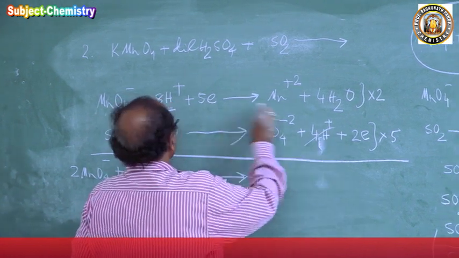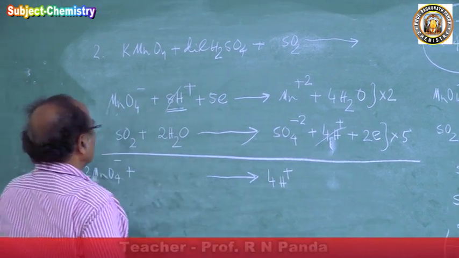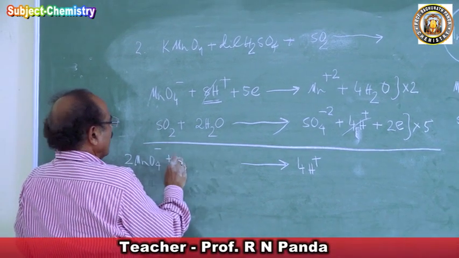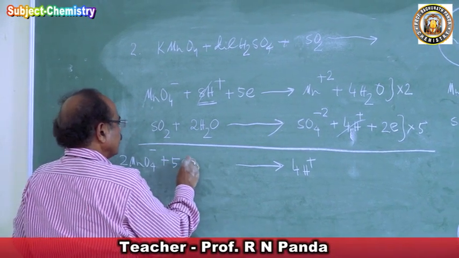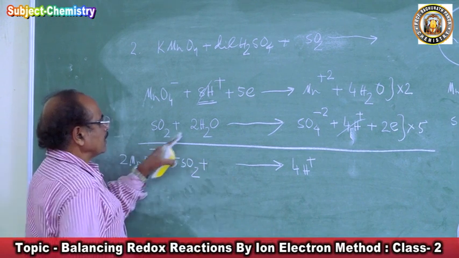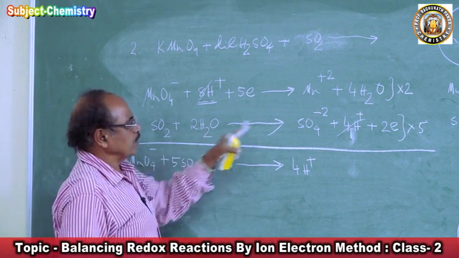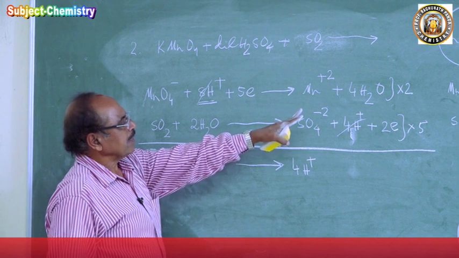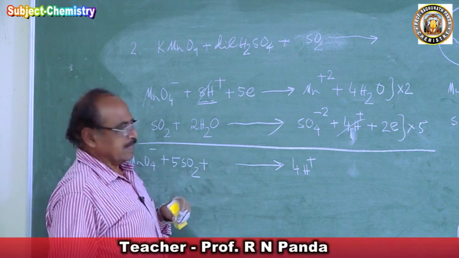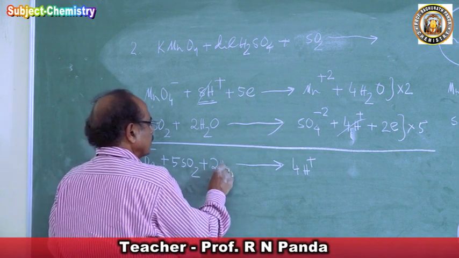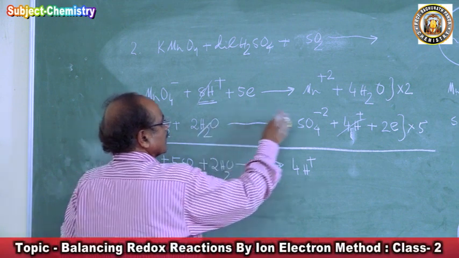So H plus is cancelled. Then comes SO2. So we have 5 SO2. And water, the left side will have 5 into 2, 10, and there 4 into 2, 8. So this side you will have 2 water. So this water cancels.